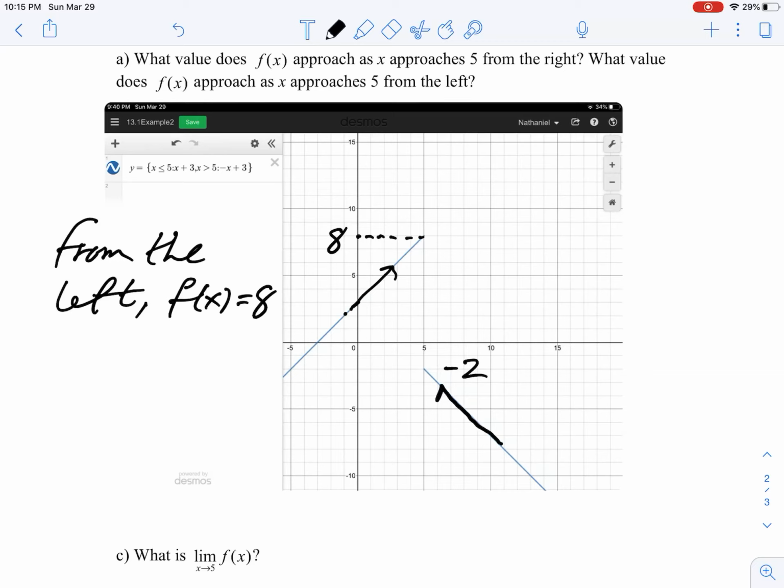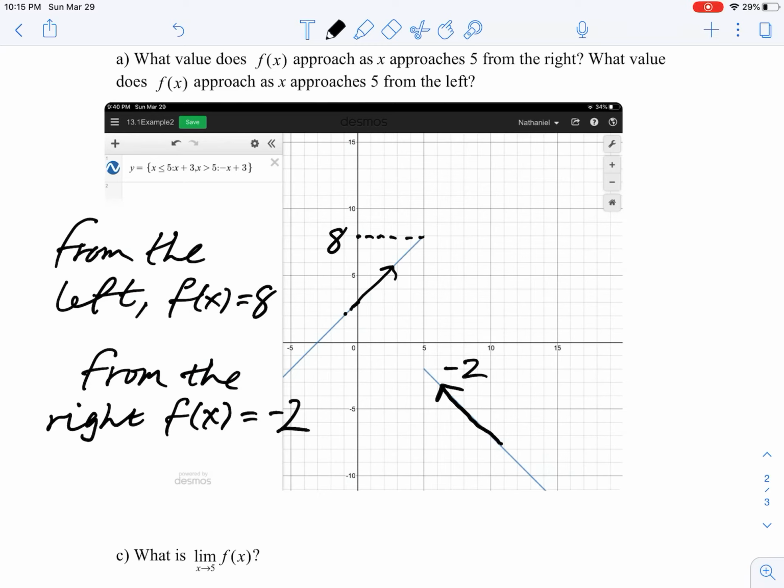As we're coming from the right, we have f of x equal to -2. So this begs the question, what is the limit as x approaches 5, right? Because there's 5. What is the limit as x approaches 5 of f of x?